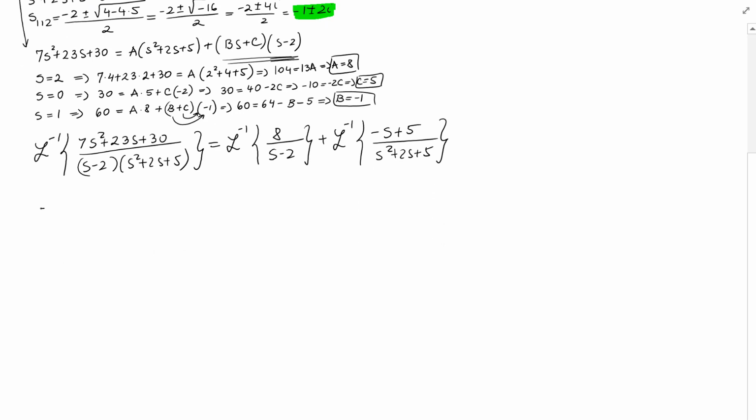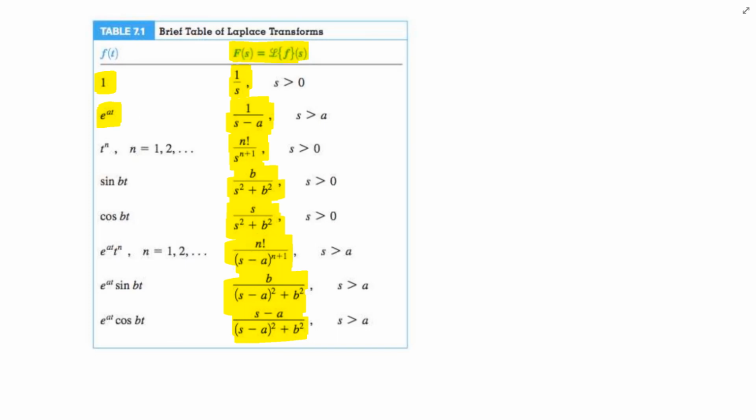So can we calculate any of these? Well, this one, 8 comes in front, and if we take a look at the inverse Laplace transform of 1 over s minus 2 in the table, we see that the second formula, 1 over s minus a, has inverse Laplace transform e to the at.